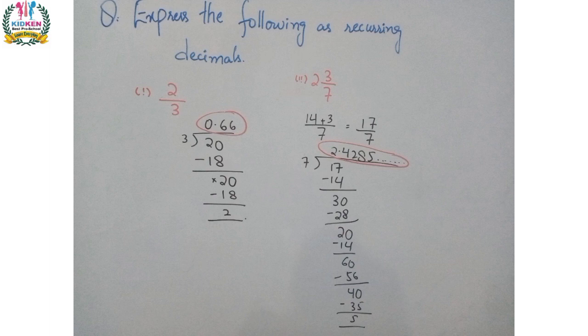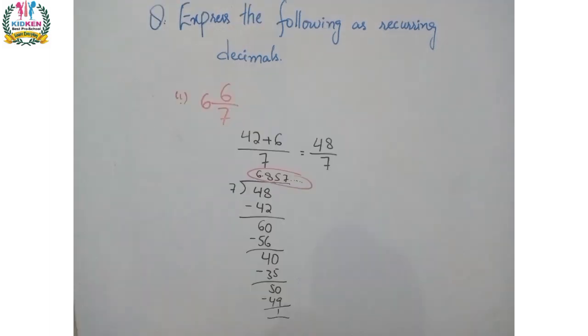Then again we add 0 to 4 and it converts to 40. 7 5s are 35. We subtract 40 minus 35, so our remainder is 5. So our solution of 2 whole 3 upon 7 in decimal value is 2.4285.